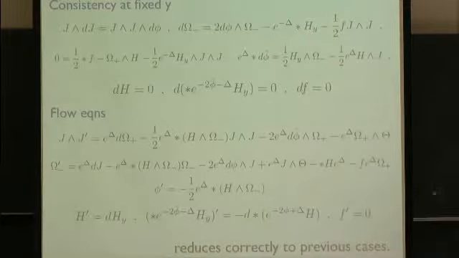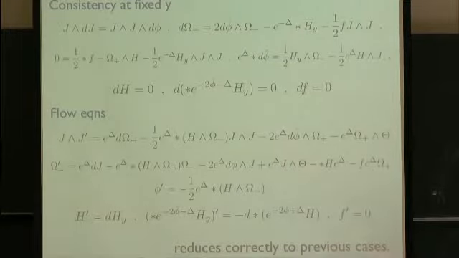The flow equations tell you how certain torsion classes and certain fluxes cause domain wall variation. Okay. And this has got our new extra fluxes in it, and of course you have to check that it reduces to previous known cases correctly, and it does.